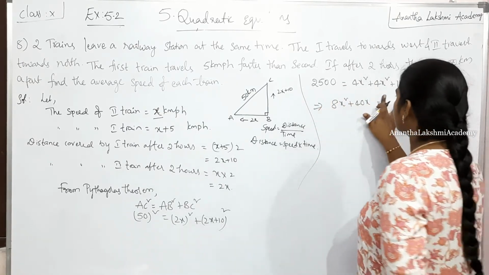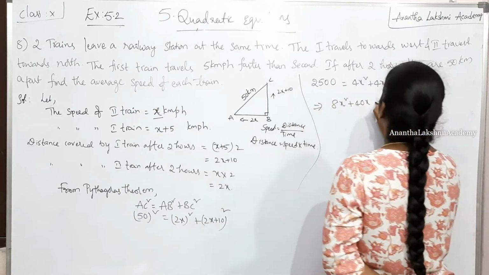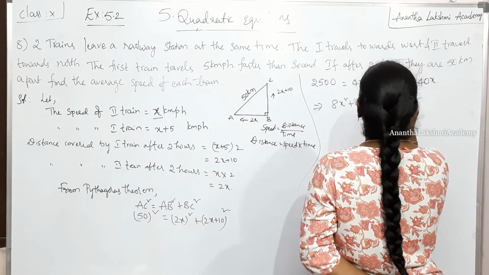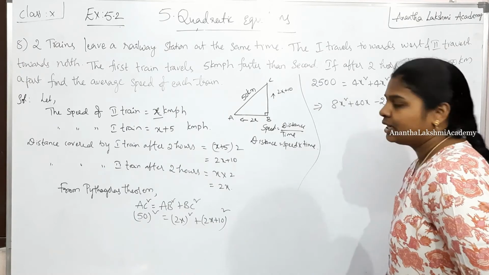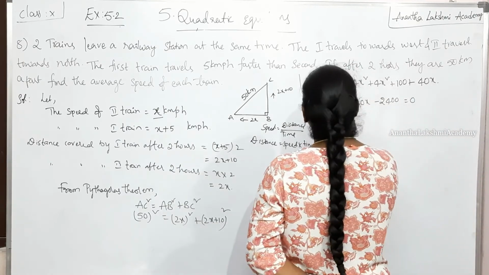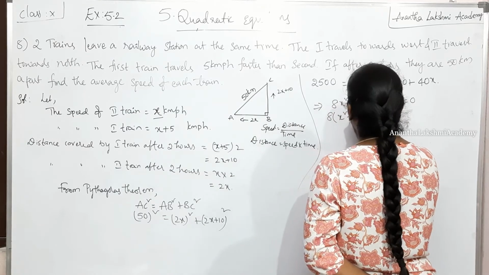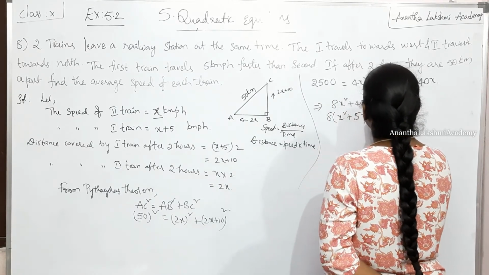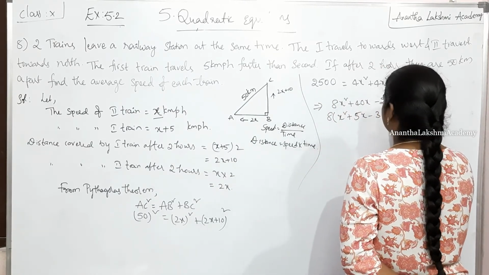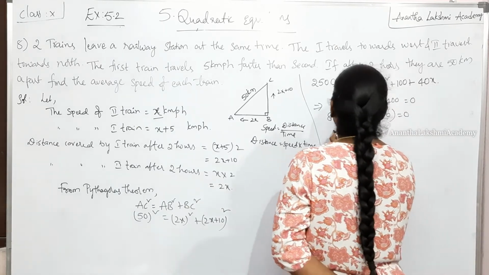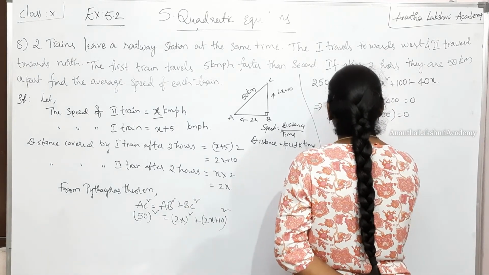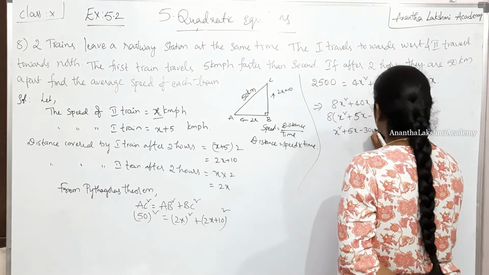If you send that to the other side, this becomes minus 2400 is equal to 0. Now I am going to take 8 common to simplify the coefficients. X square plus 8 5s are 40x minus 8 3s are 2400 is equal to 0. So x square plus 5x minus 300 is equal to 0.